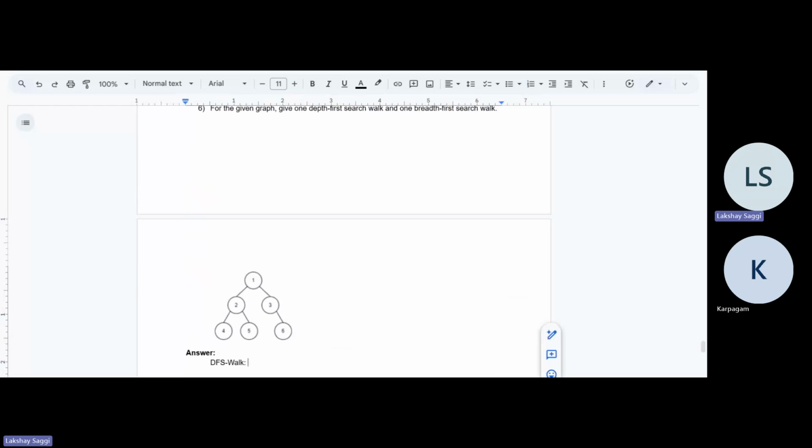So one DFS walk which can be done here is kind of like this: suppose you start at node 1, then you move to node 3, then you move to node 6. But after moving to 6, you realize that you cannot move any further. So you come back.